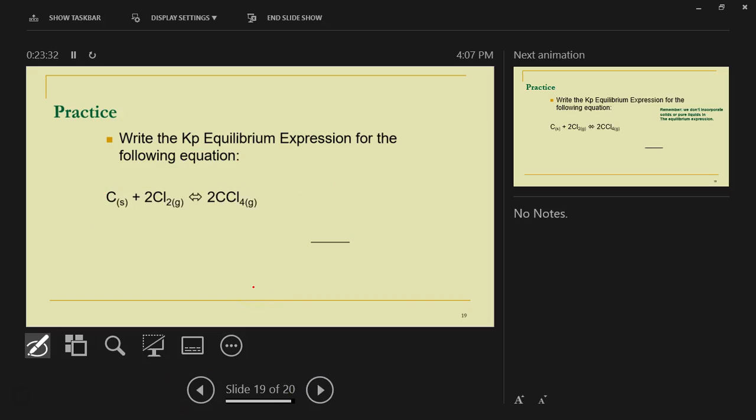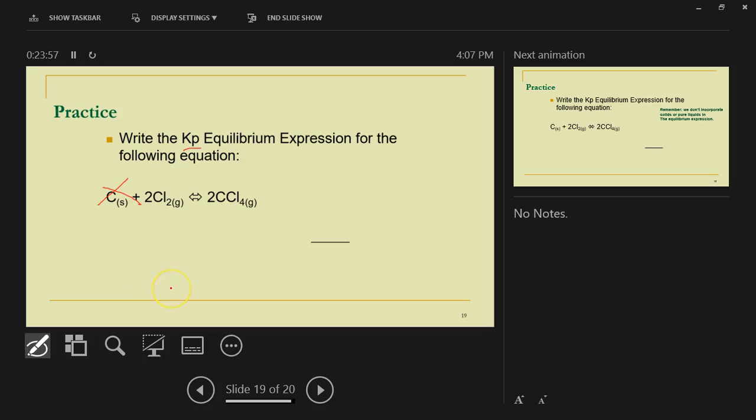Pause your video and write the Kp expression for the following equation. Hopefully you saw that this equation was already balanced. Hopefully you saw that they gave you a solid, which you do not put in an expression of any kind. They can definitely not go in a Kp.